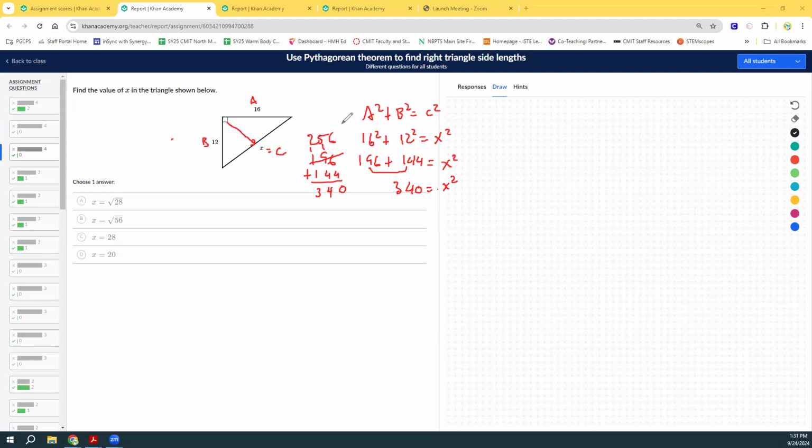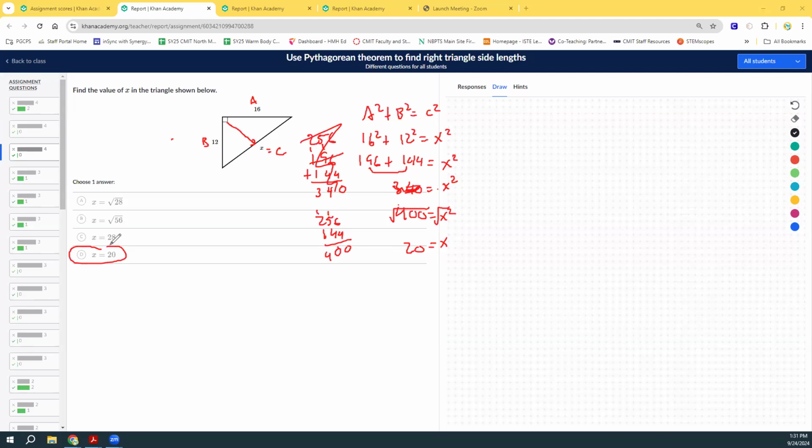Okay, so 256 plus 144 is 400. And I'm going to square root both sides. And this time the square root of 400 is 20.